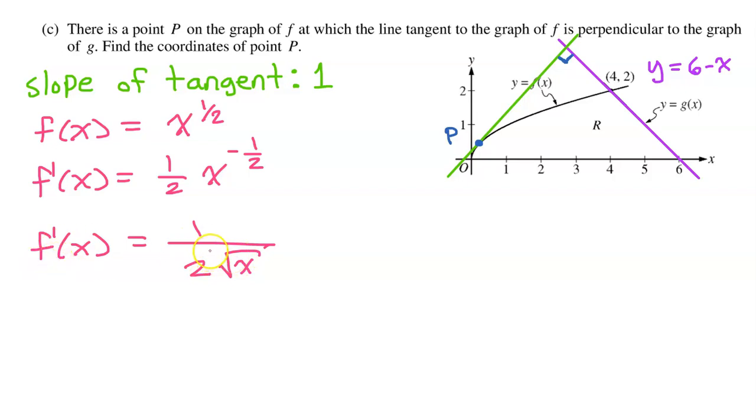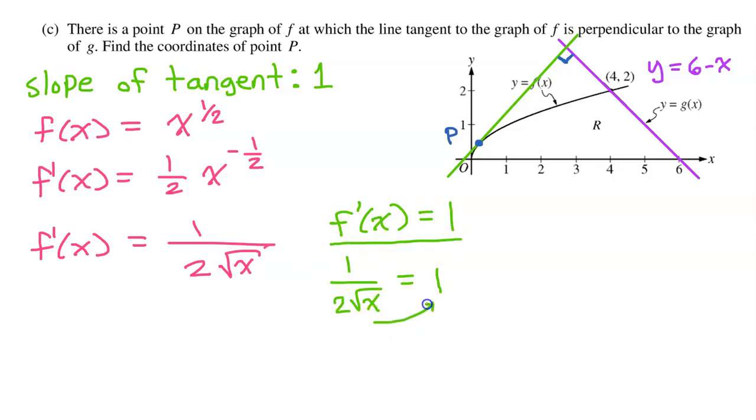This derivative gives us the slope of the tangent line at any point. We want to find the point where the slope is equal to 1. So let's set this derivative equal to 1 and solve. To find out where f prime is equal to 1, we need to solve this equation. The easiest way to solve this is to swap the denominator with this number out here that's by itself.